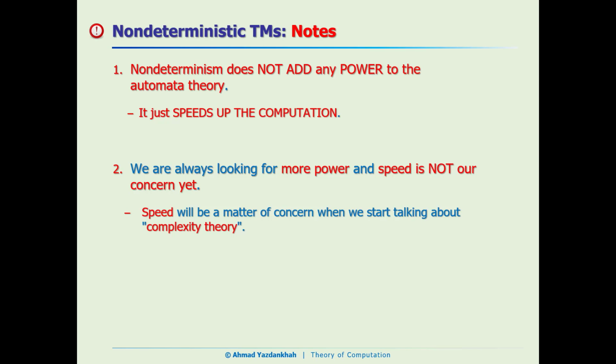Speed will be a matter of concern when we are talking about complexity theory. But right now, as we are focusing on computability, speed is not a matter of concern for us. That was a very good conclusion, that non-determinism does not add any power.